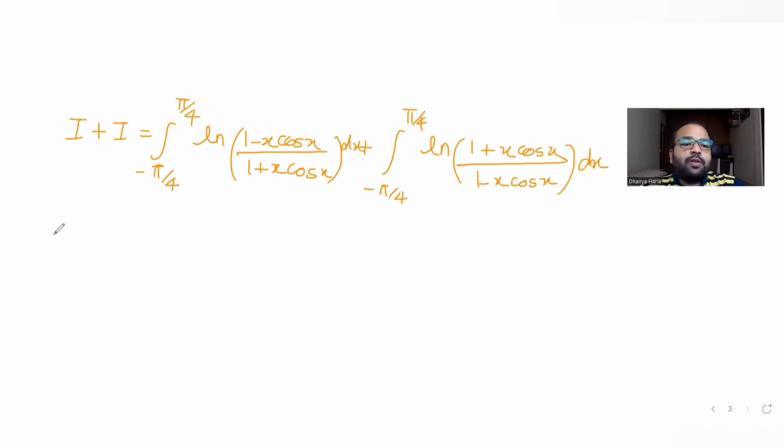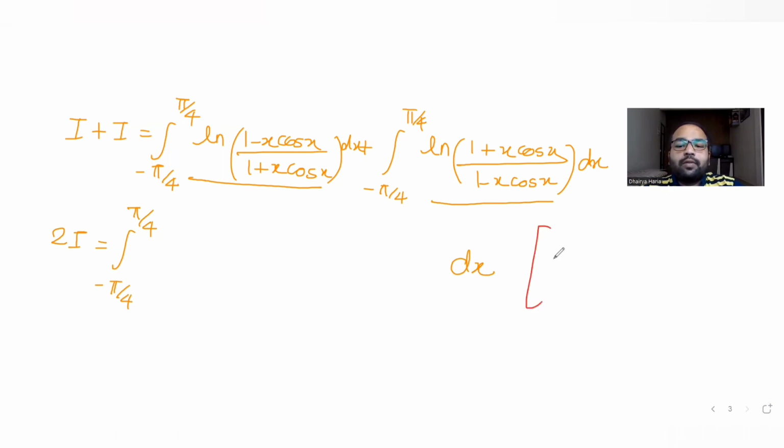Now this becomes 2I. Both integrals have the same limits, so I take those limits common with the dx. What I'm left with is log a plus log b in the function. We already know that log a plus log b can be written as log of a into b.